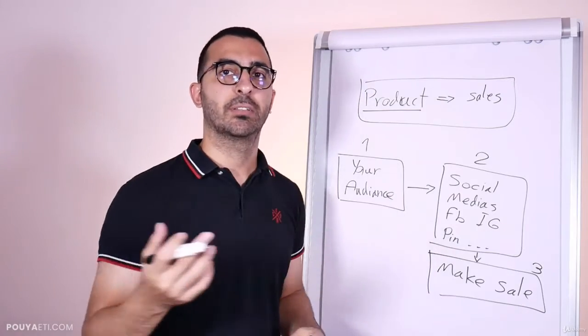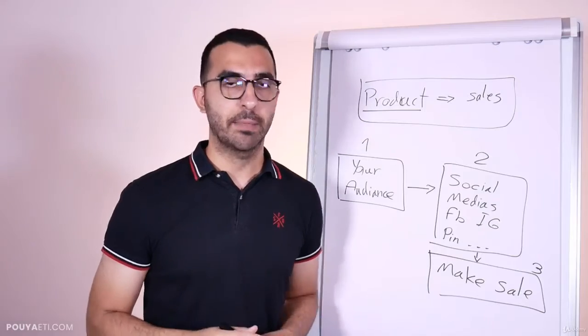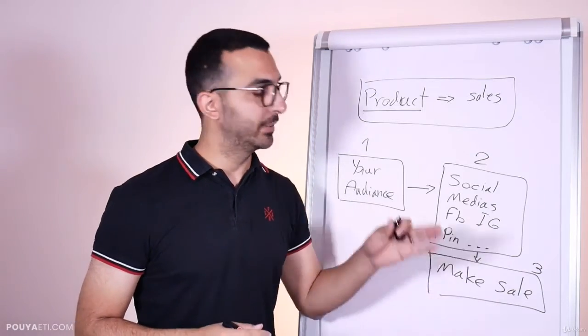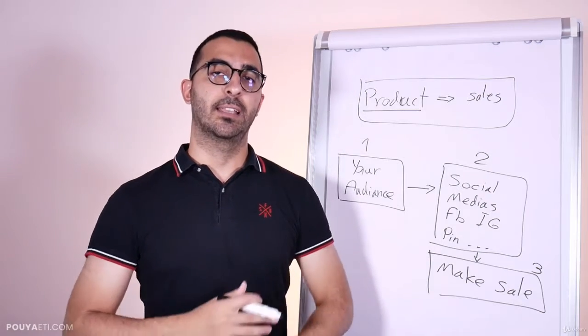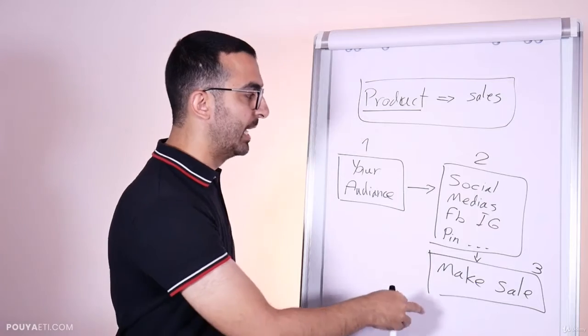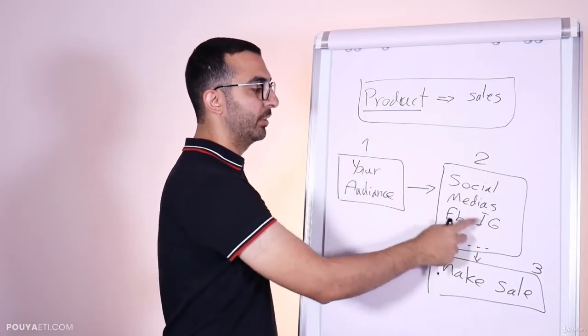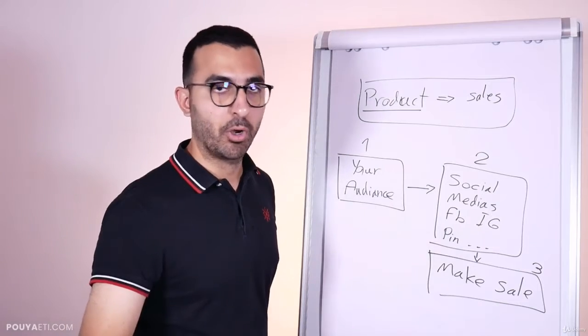You can use different marketing strategies, different cognitive biases to persuade them that, all right, buy this product. This product is good. This product is exactly what you need. And it's going to help you with whatever you want to do with it, right? So till now, we have 3 steps as your job as a digital marketer, okay?